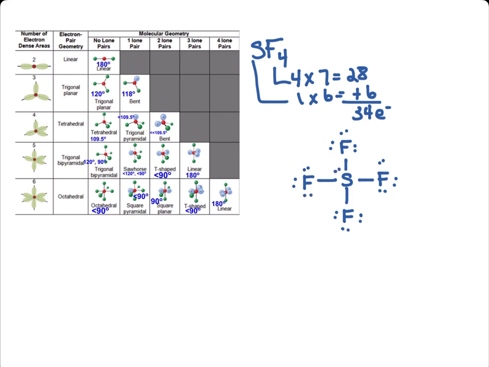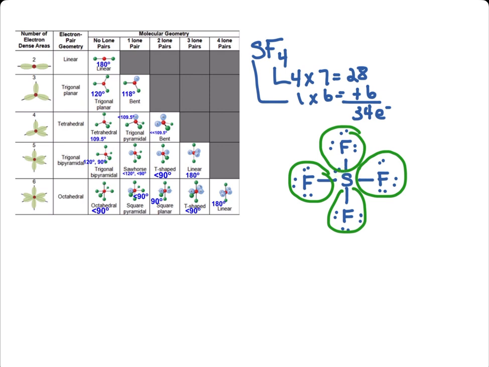So this Lewis structure shows all 34 electrons. Fluorine is obeying the octet rule, and sulfur has an expanded octet, so it's allowed to have more than 8 electrons around it. So I'm going to examine my center atom, which is sulfur, and I'm going to count all of the electron groups around it. 1, 2, 3, 4, and then the lone pair is 5.